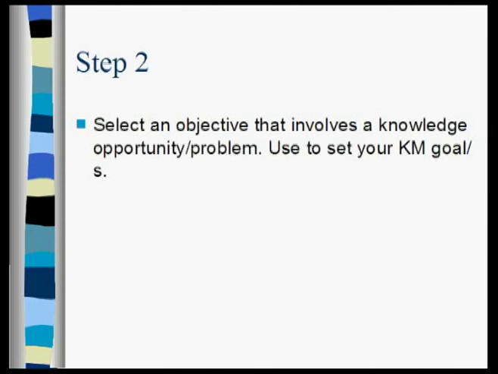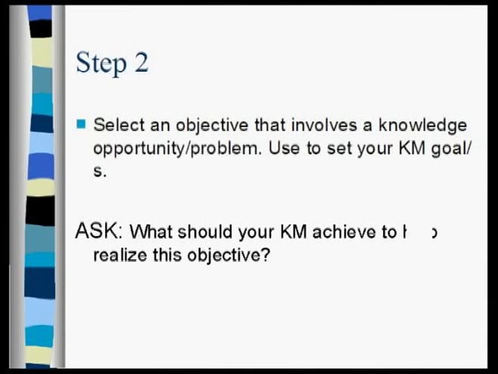The second step is to select an objective that involves a knowledge opportunity or a problem. You can use this objective to set your KM goal or goals. Ask yourself, what should your KM, or knowledge management, achieve to help realize this objective?